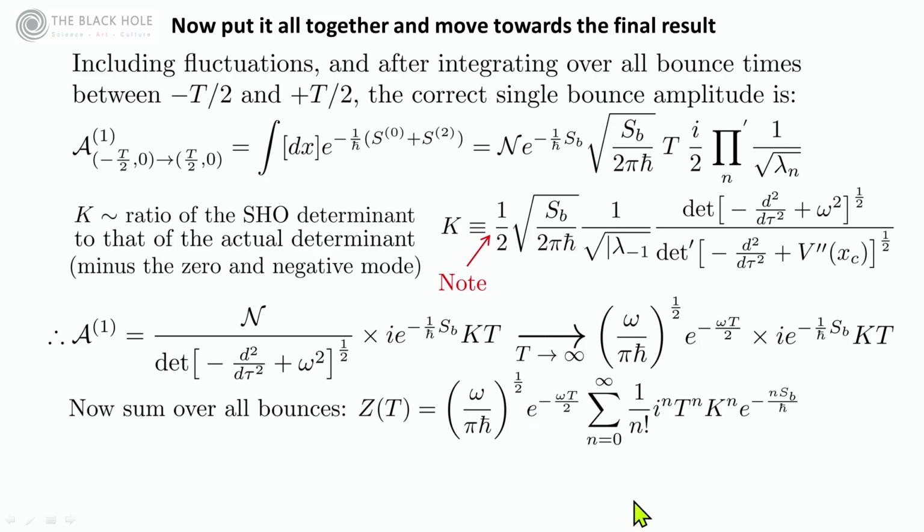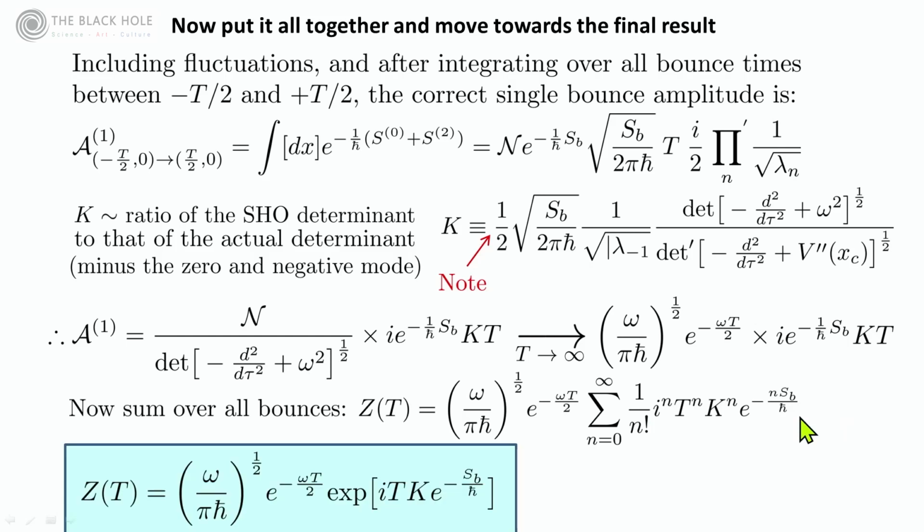And now this sum is so easy to do because it's just something to the power n over n factorial, which means it's an exponential. And so we get our final result back over here, exponential of this. That's pretty much it.